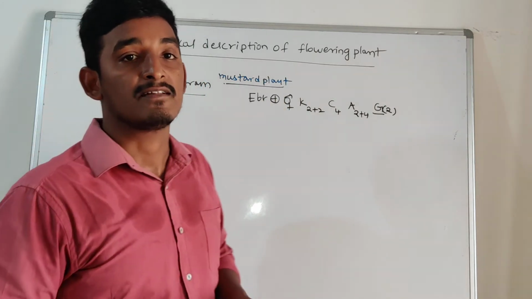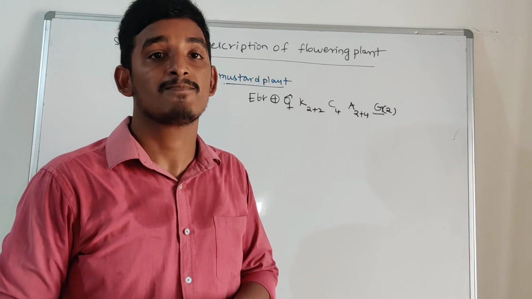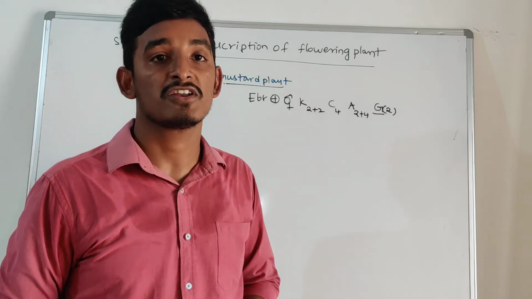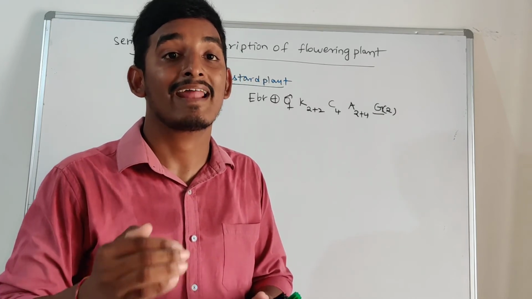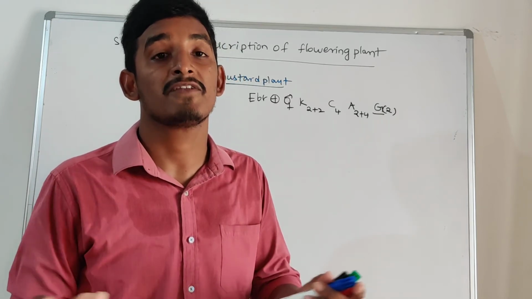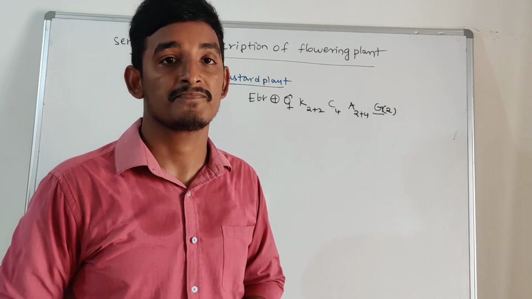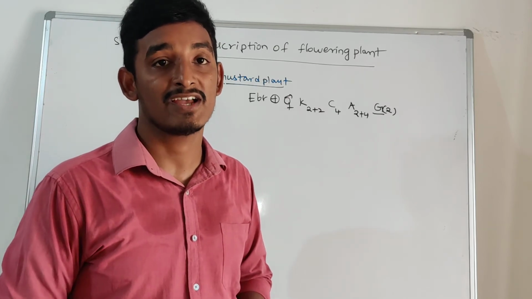So what is a floral diagram? The floral diagram is helpful to provide information about various floral parts, how they are arranged, and the relationship between various whorls, as well as cohesion and adhesion.